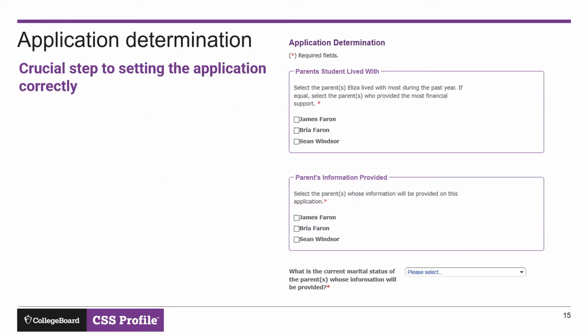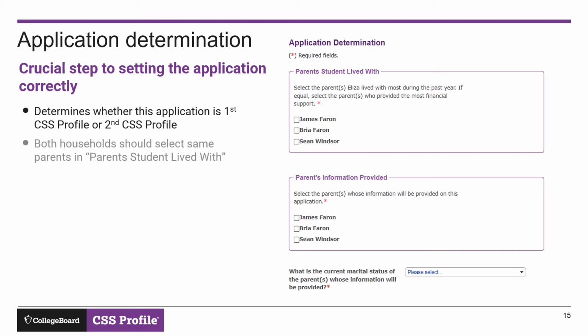This section is crucial to properly identify which application is the first CSS Profile and which is the second. Think about this as a two-step process. First, we determine which parents the student lived with the most or which parents provided the greater financial support. Remember, these are the parents who will also provide their information on the first CSS Profile and on the FAFSA with the student.